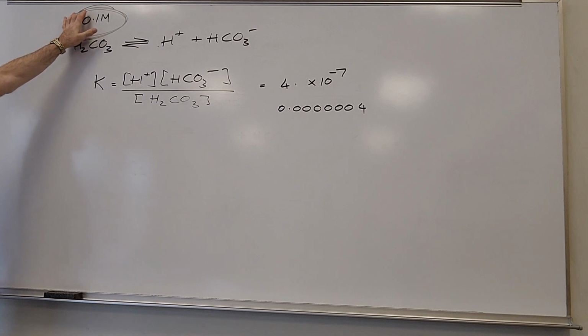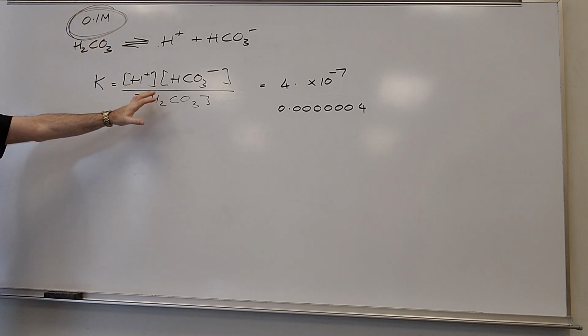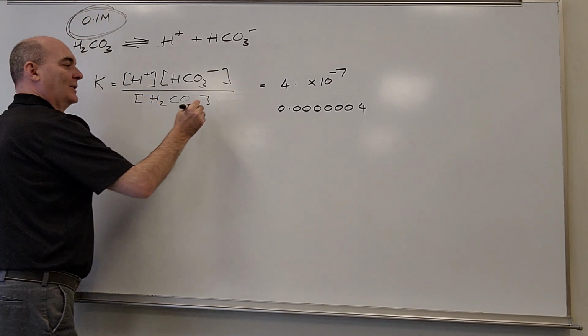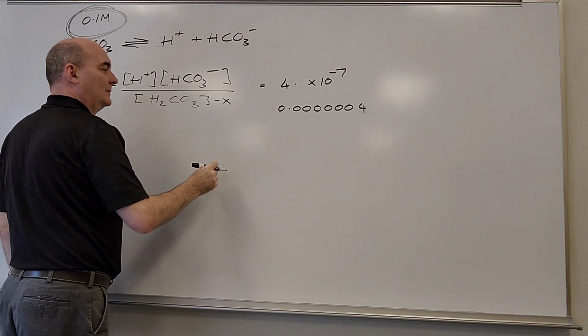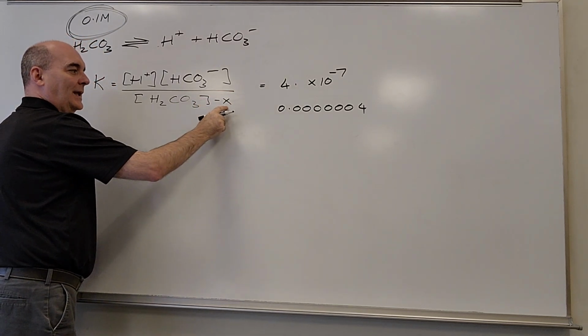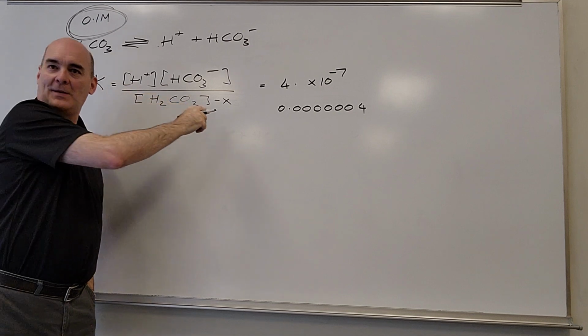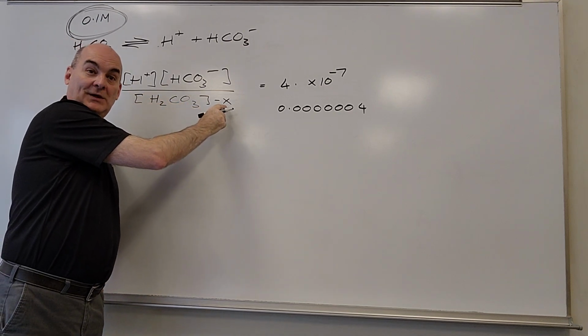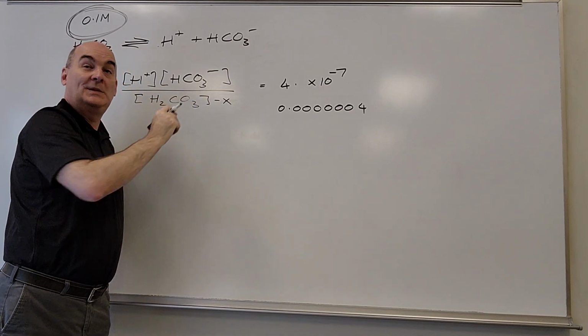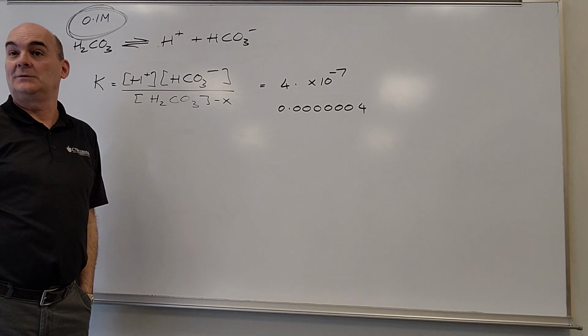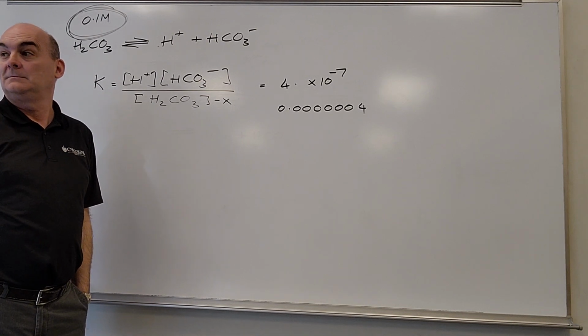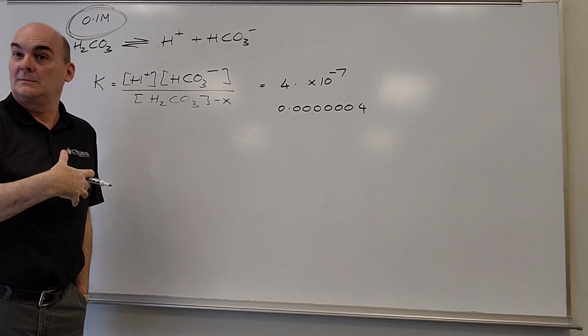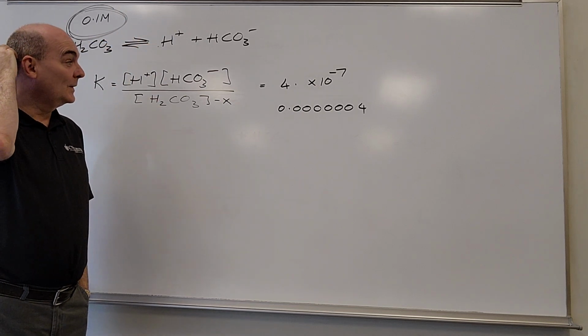And that was a really, really beneficial approximation for us, because when we approximate that, it means that I don't have to account for the amount that I have lost to the equilibrium, which means I don't have to have a quadratic solution. It means that the number just pops out, okay?